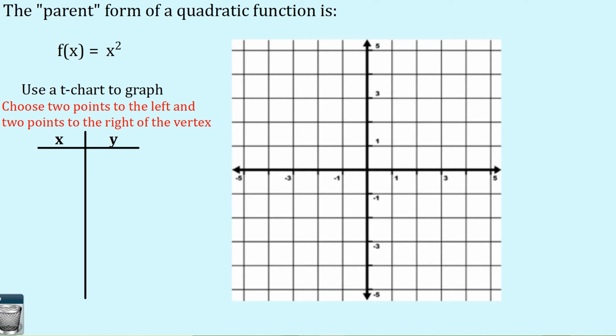So let's do this one. This is the parent function. Let's say I have no idea what I'm doing, no idea what the equation is going to look like. So I write it out and I'm just going to pick numbers. Now I provided the graph for you, so you know that all my x values go from -5 to 5. So just start plugging stuff in.